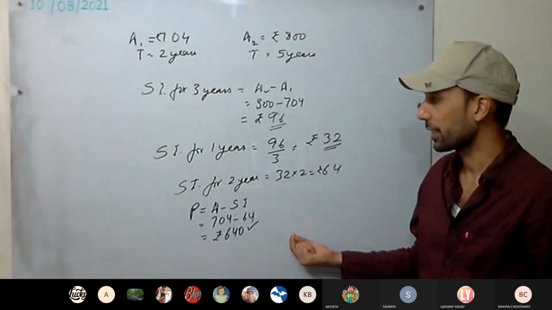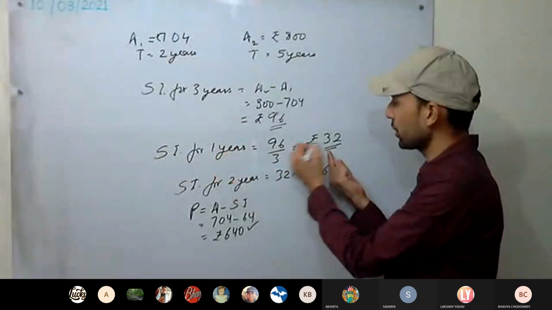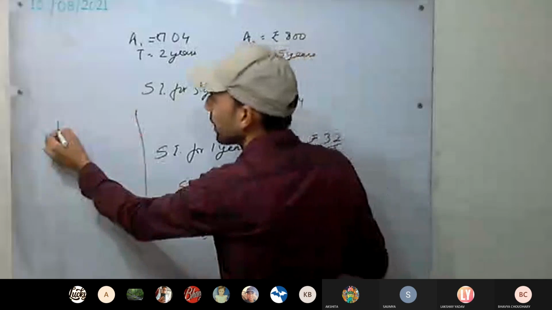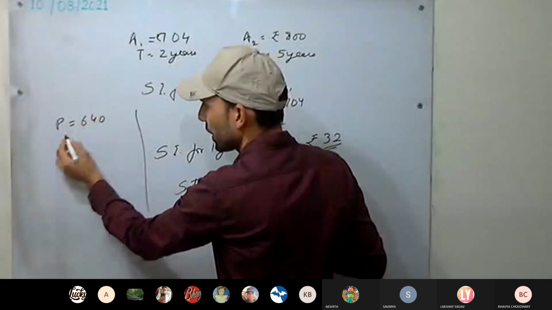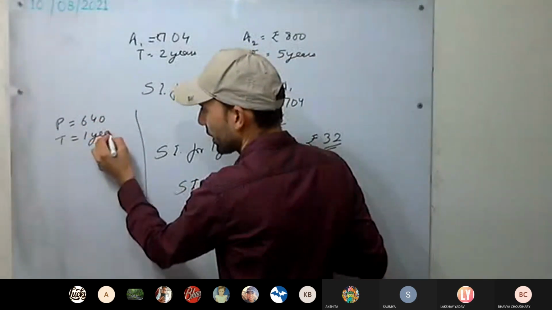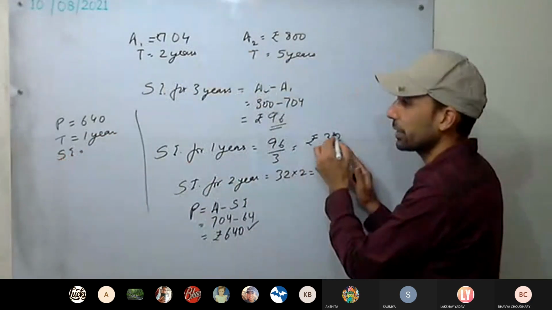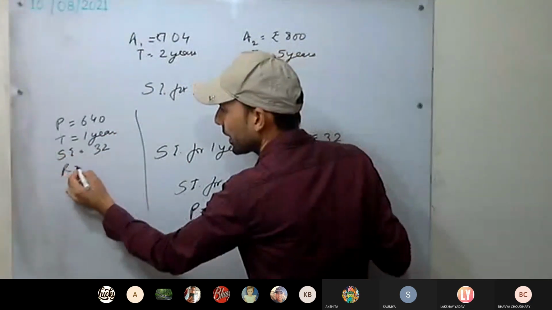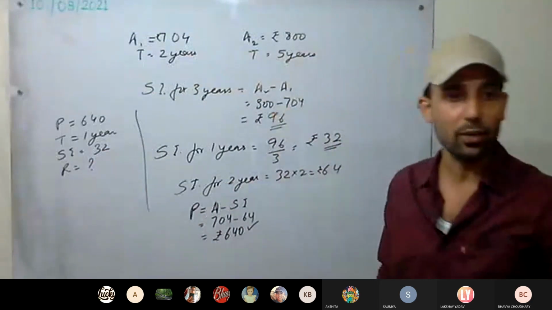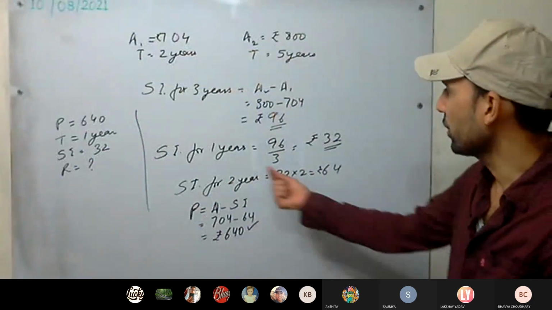Next, calculate the rate. If you take simple interest for 1 year, principal we already have, 640 rupees, time 1 year, simple interest rupees 32, and rate you have to calculate. You can use any formula.